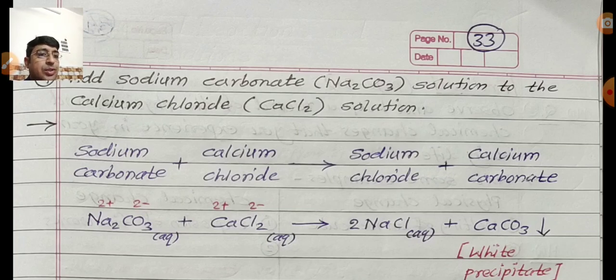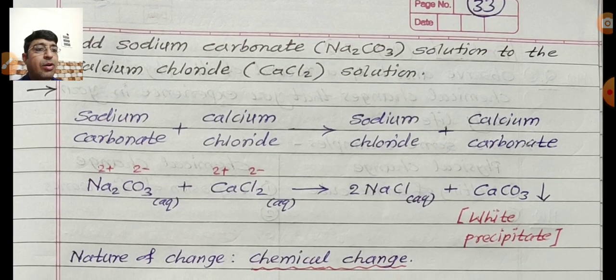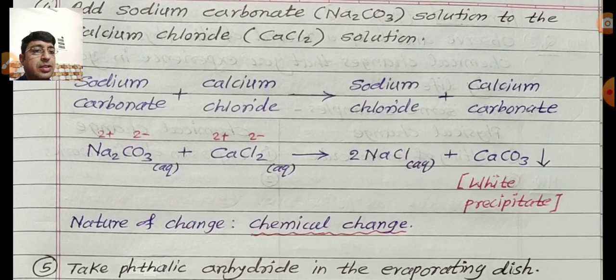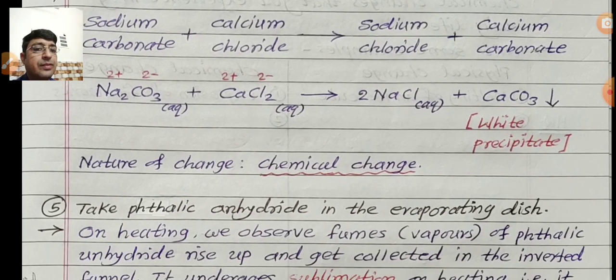Then 2 molecules of sodium chloride are formed in aqueous state, AQ means aqueous state, plus calcium carbonate CaCO3, a white precipitate, white particles formed in this reaction. The nature of change here is a chemical change.